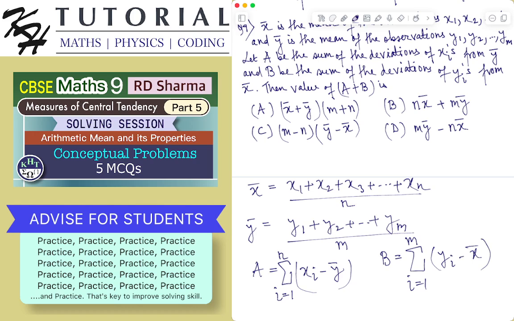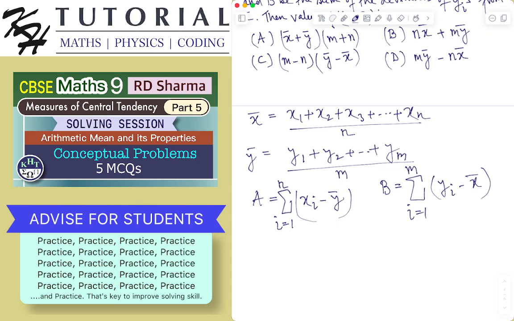Now we know this property of the sum of deviations of observations from a constant.